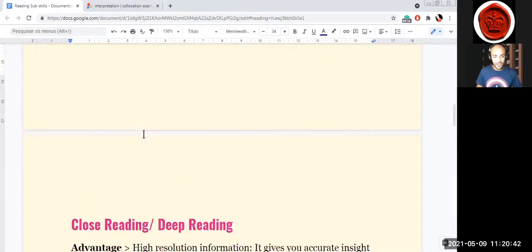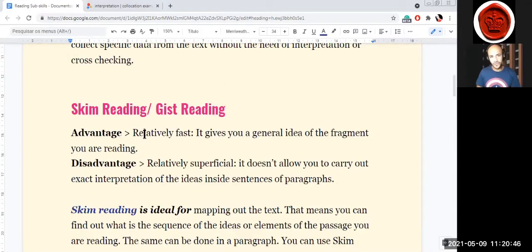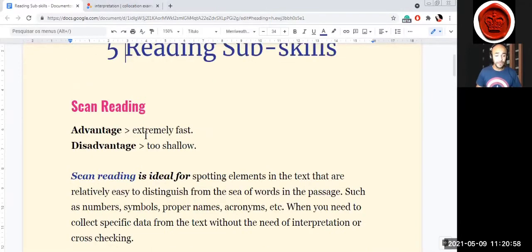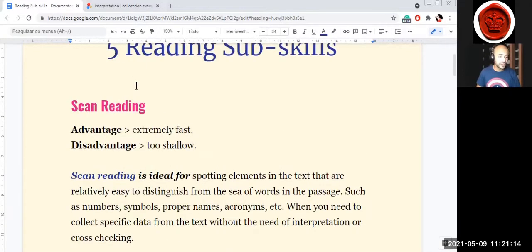We're not going to talk about this in this video, but as we talk about the types of questions and the best combination of reading sub-skills to apply to them, you're going to realize that these 3 first types of reading are essential, or let's say they play a pivotal role in answering the questions. So let's dive into it right away.